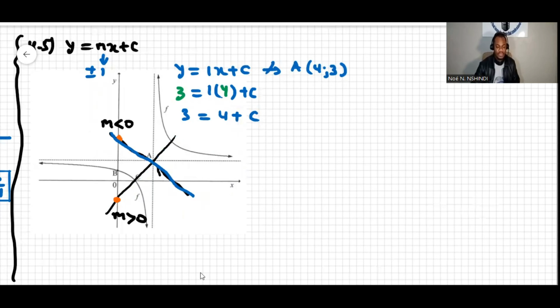So it is the one with negative 1, negative 1x plus c. So 3 equals negative 1 times 4 plus c, which makes negative 4 plus c. If you move the negative 4 over, 3 plus 4 equals c, so c equals 7. Therefore the equation of the line is negative x plus 7.